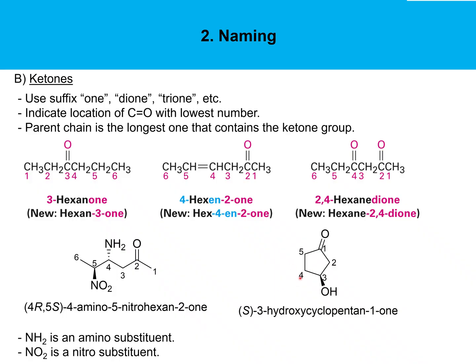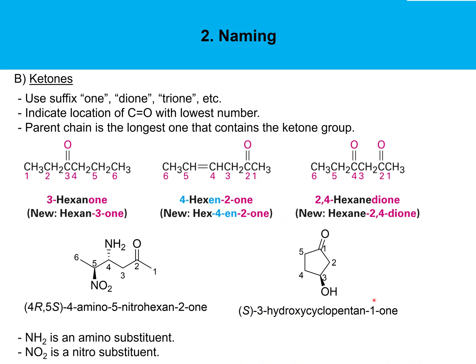This last example here has a cyclopentanone parent name. So there's 5 carbons in the ring. There's a ketone on carbon 1, so it's named as cyclopentanone. Sometimes we drop this 1 since in a ring, typically you don't need to give the location of the ketone.